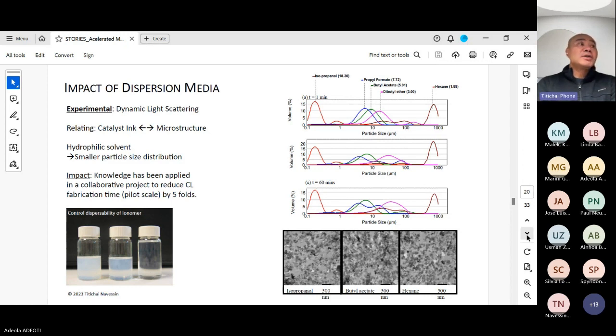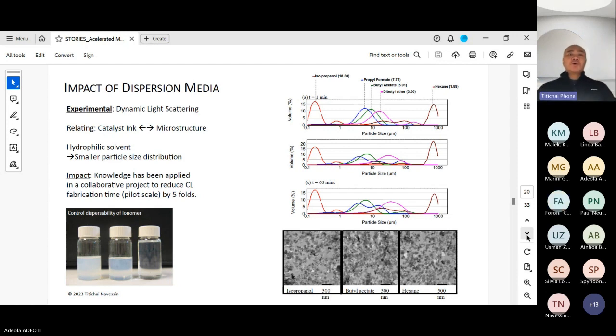So the knowledge of being able to disperse properly and evaporate quickly has been used in the past, and I've shown in one of the projects that we can actually improve the production time by 5-fold by selecting the proper dispersion media.